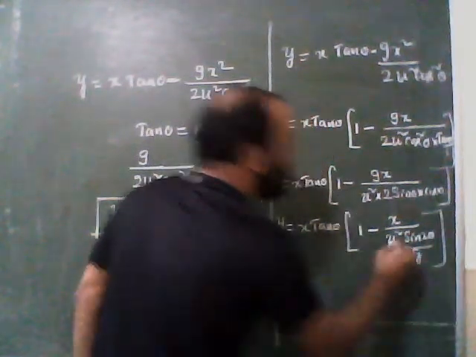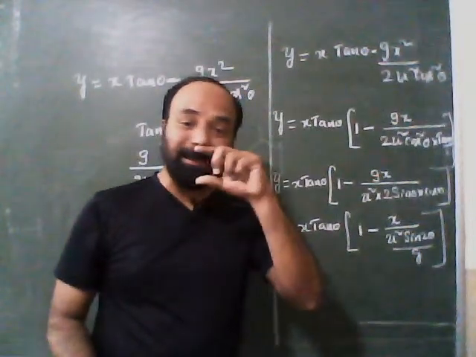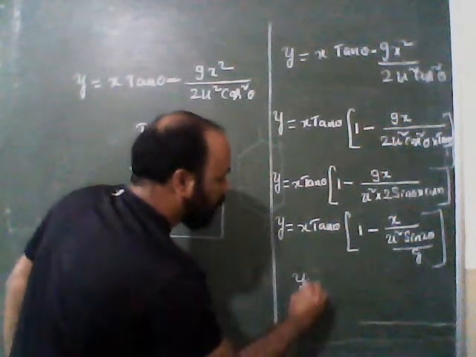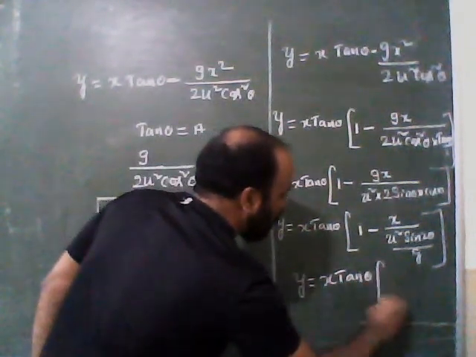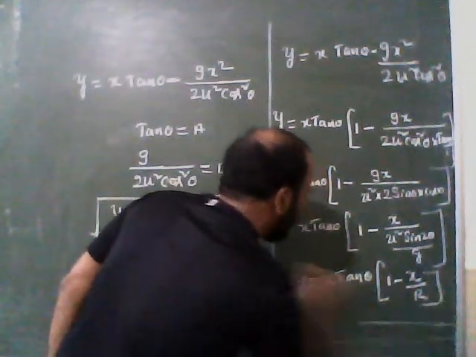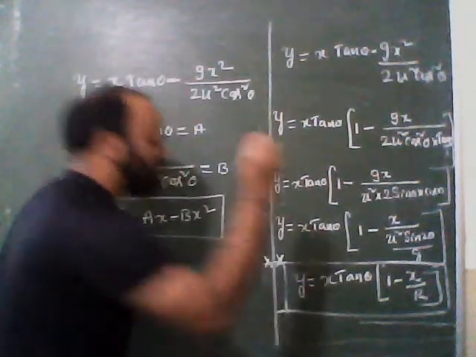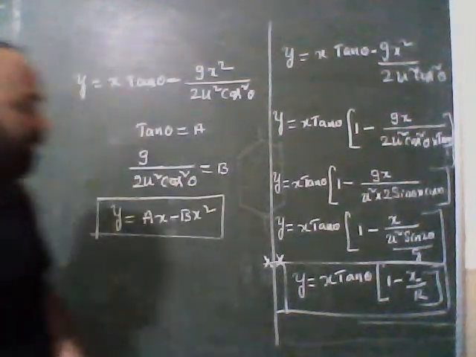This u square sin 2 theta by g is nothing but range. So this equation we can write y equals x tan theta into 1 minus x by R. This is the powerful equation to solve the problems.